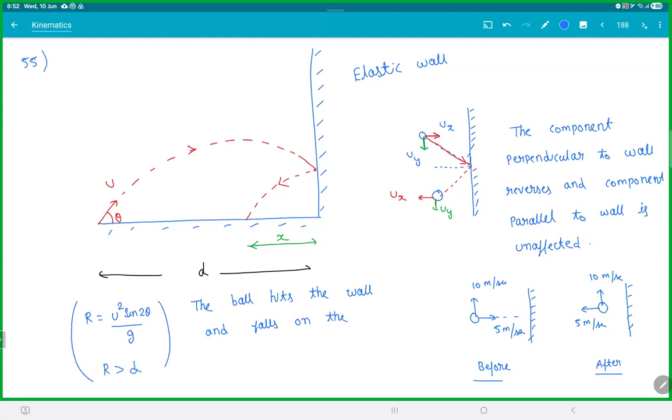So x is the distance between the wall and the point where it lands. Answer you can give in terms of R and d.